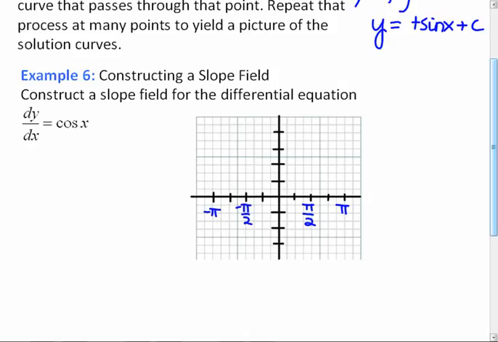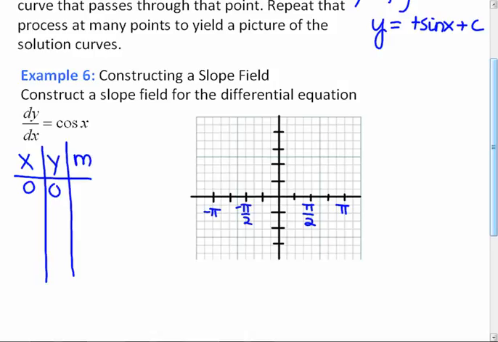And what I'm going to do at each point in the plane that I choose, I'm going to calculate the slope of the tangent line to the original curve. We know what it is. We know it's the sine function. So I'm going to make a table of values, and eventually I probably won't use them all. So at the origin, 0, 0, what is the slope at the origin?